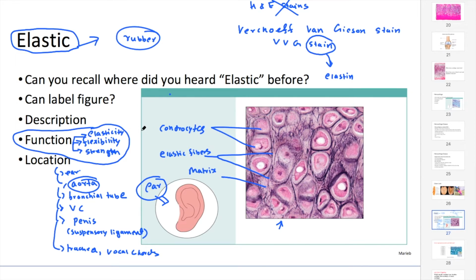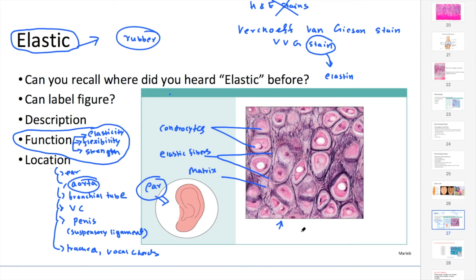Okay, and before I move on to another slide, what I also want to mention is these elastic fibers, which are stained with VVG, are commonly used in research, in pathophysiology, and any pathologist usually uses these things.